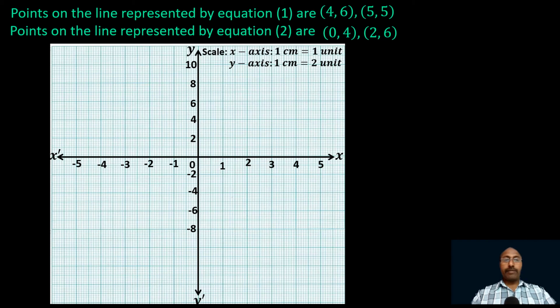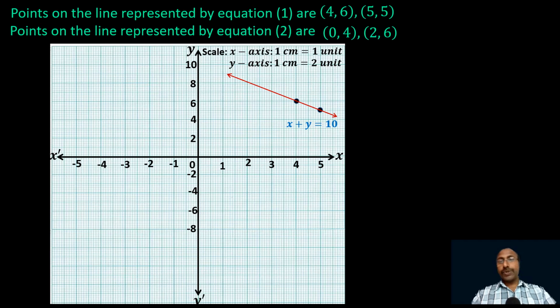Now the line 1. What are the points on line 1? First one is 4 comma 6, so take 4 comma 6 here, and 5 comma 5 here. Now draw the line through these 2 points, and this line is x plus y equal to 10.